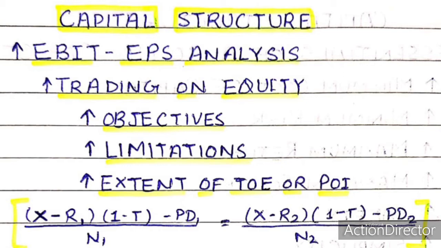Hence, inclusion of debt in the capital structure enhances the earnings per share available for equity shareholders. That equity mix where earnings per share is maximum, or where dilution in the earnings per share is minimum due to stability of income, is regarded as an appropriate capital structure.